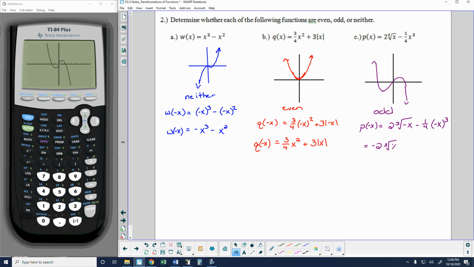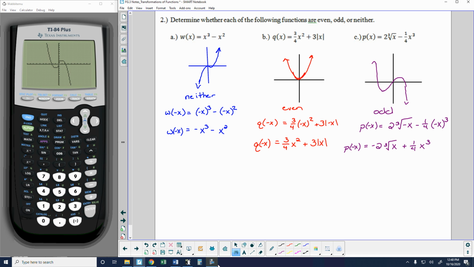If I take the cubed of negative x, it's going to be negative. So that's going to change my 1/4 from negative to positive because I'm going to have two negatives being multiplied. So this would be the opposite of f of x. Now let me compare that to the original function. Well, the first term has a different sign, and the second term has a different sign. So both terms have opposite signs. This would be an odd function.